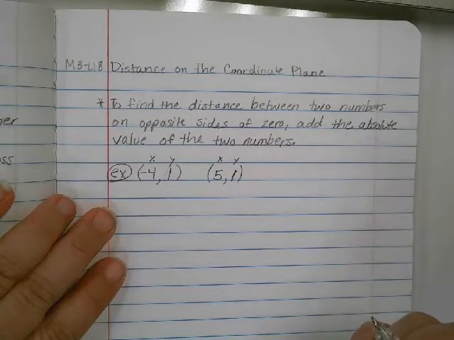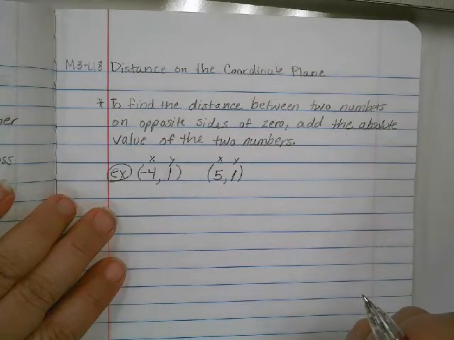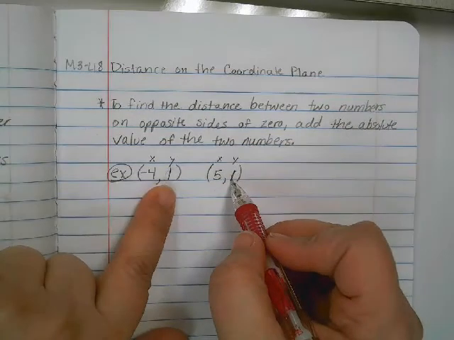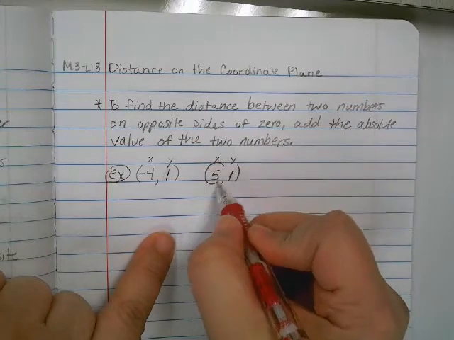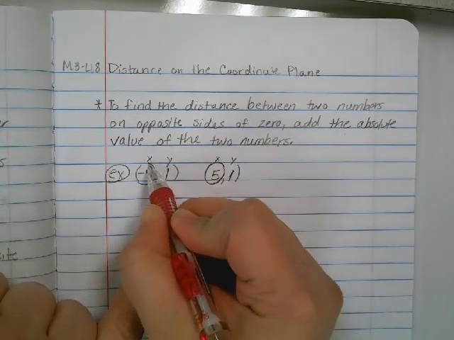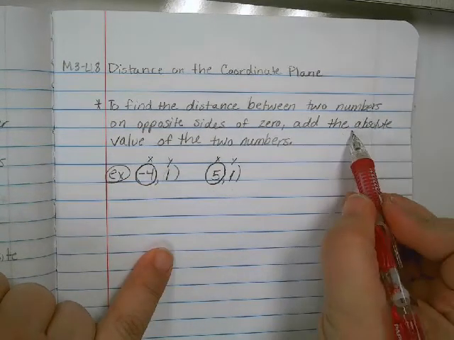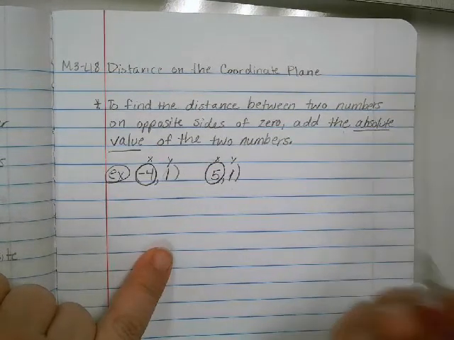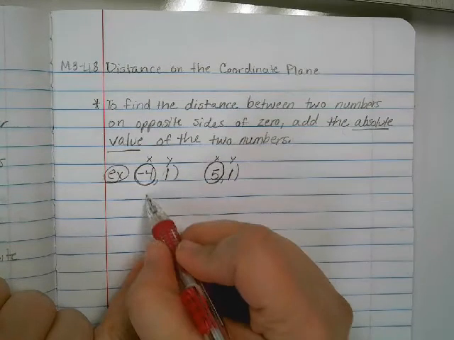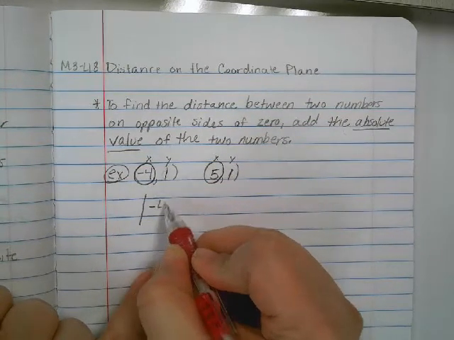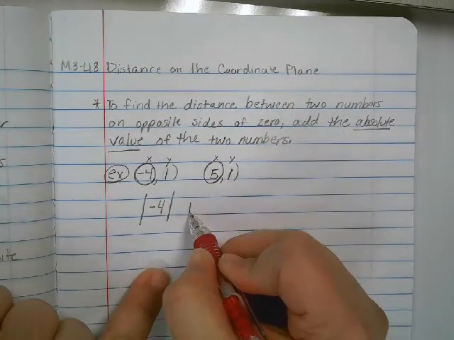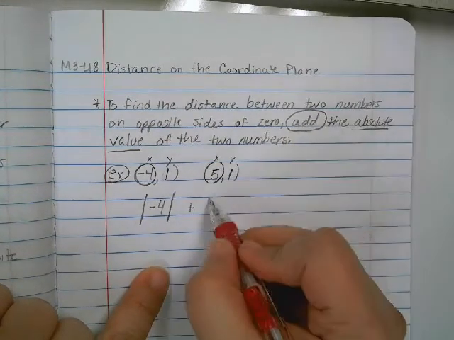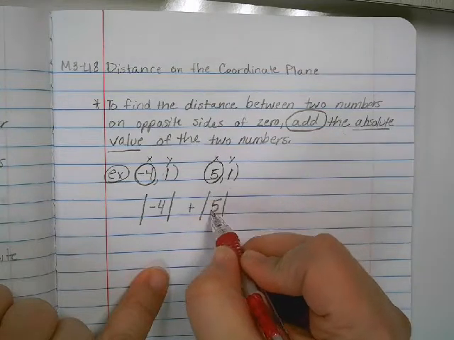So what I want to do is find the values that are different. I can see that my two Y numbers are the same, so these two are different. I'm going to circle those. It says for me to use the absolute value of those numbers. So I'm going to have the absolute value of -4 plus, because remember I'm going to add them together, the absolute value of 5.